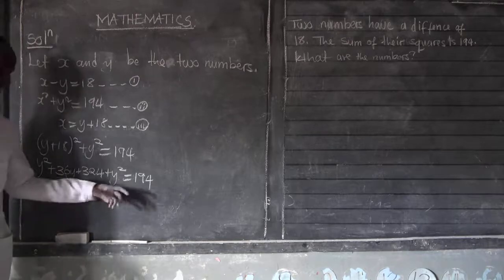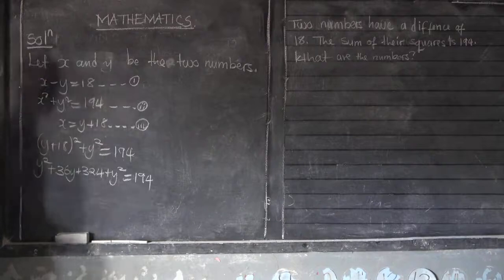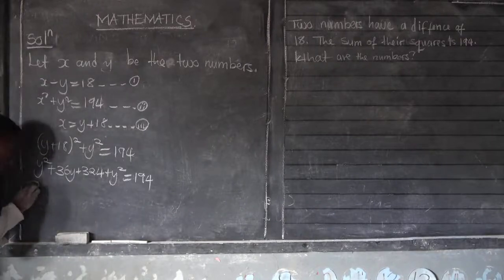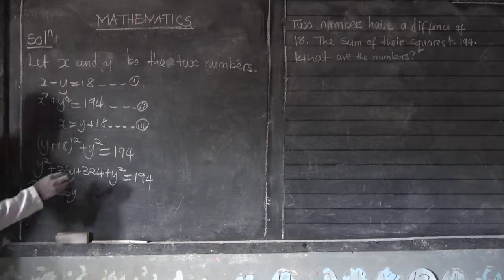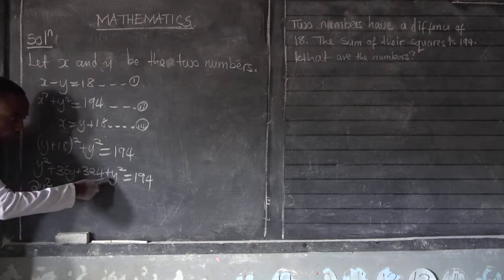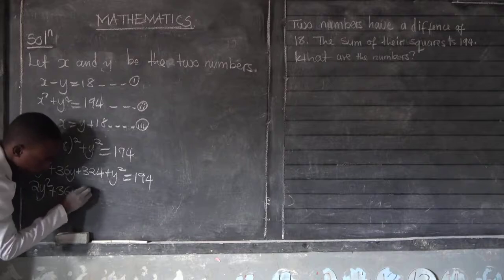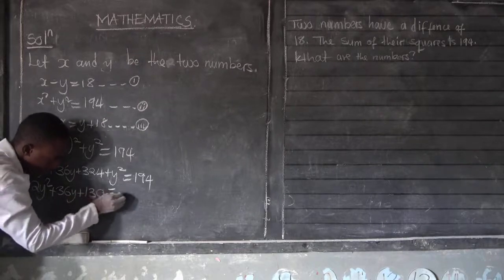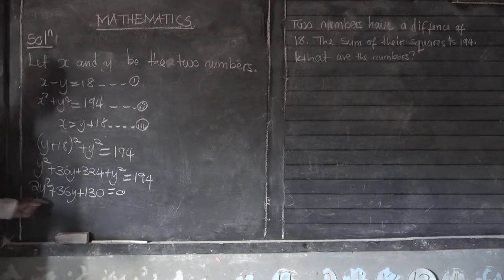Now you group the like terms, y squared and y squared, and also 194 and 324. We have 2y squared plus 36y plus 324 minus 194, which gives 130, equal to 0. So we now have a quadratic equation, because you have the term with power 2, the one with power 1 and the other one with power 0.